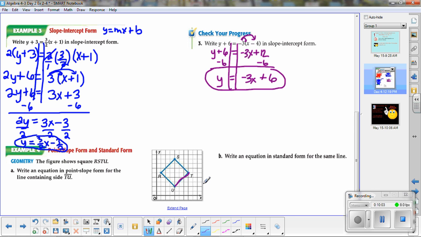You can get the slope by using the slope formula or just going on the graph and doing rise over run. So we're going to rise 1, 2, 3, and we're going to run 1, 2, 3. So the slope is equal to 3 over 3, or that simplifies to be 1.